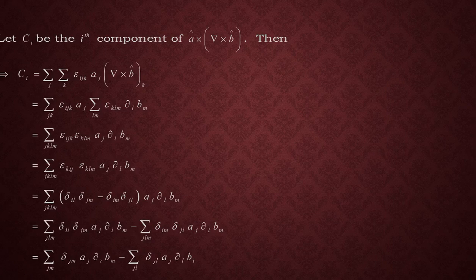we obtain C_i equals summation sigma over jm delta_jm a_j ∂_i b_m minus sigma over jl delta_jl a_j ∂_l b_i. Now we expand these two summations.